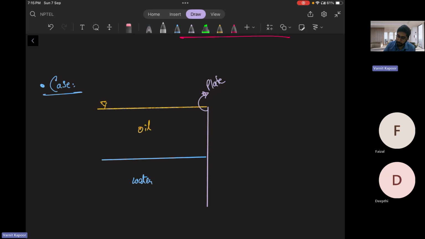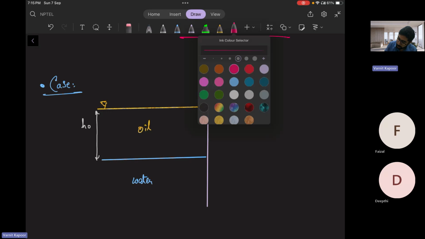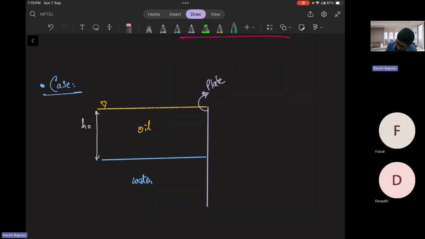Suppose the height of the oil is HO, and the height of the water is HW.